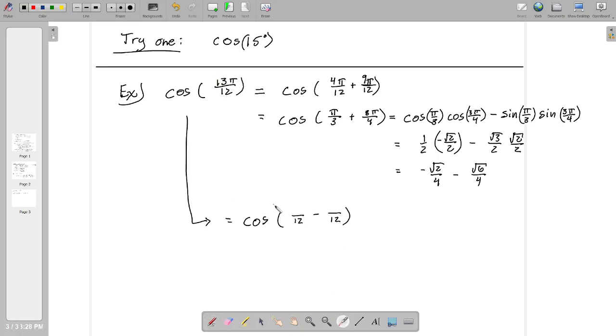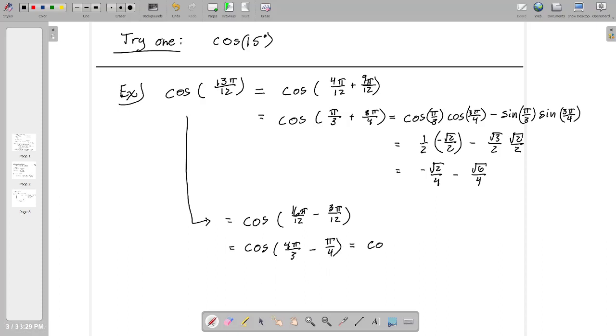My first thought was maybe 20 and 7, but 20 and 7 doesn't work. 19 is prime, so that won't work. 18 and 5, but 5 doesn't work. 17 is prime, so we go with, I think, 16 pi and 3 pi. Looks like a winner. 16 pi and 3 pi over 12. Again, we simplify, so we get cosine of 4 pi over 3 minus pi over 4.